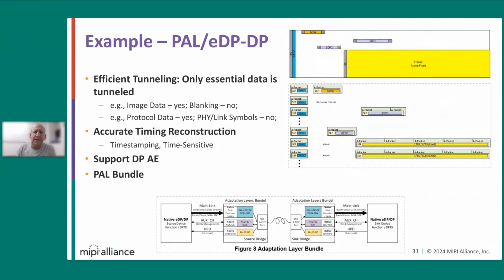Also, the PAL eDP-DP is very similar to the DSI one. So again, you can see here how a DisplayPort image is being sent with A packets over A-PHY, and the fact that each A packet is being timestamped with the SEP.